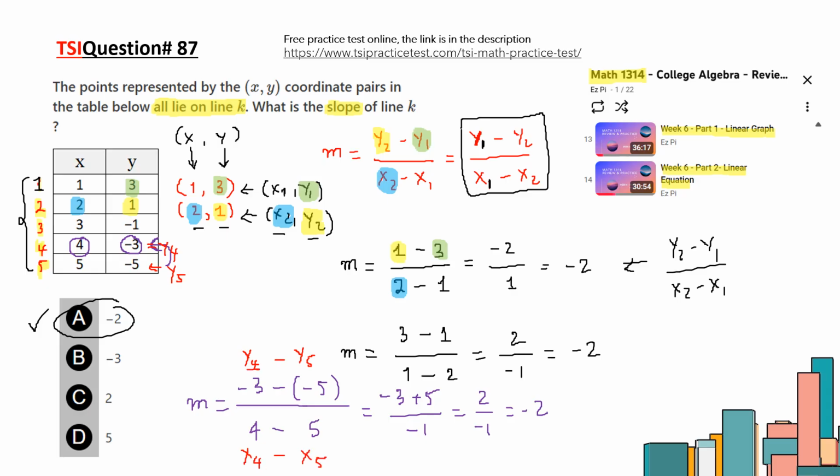As long as whatever you start with first on top, you start with the same one at the bottom as well for the numbers, okay? It gives you extra information, but for me, I will try to work with the positive numbers. Avoid the negative ones because you may forget the negative and just write out negative 3 minus 5. So choose the smaller numbers and also choose the positive numbers to work with.